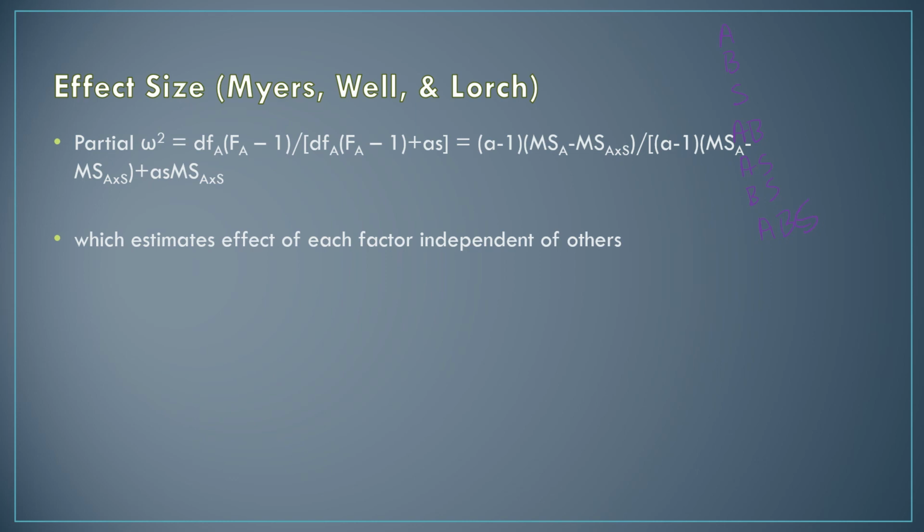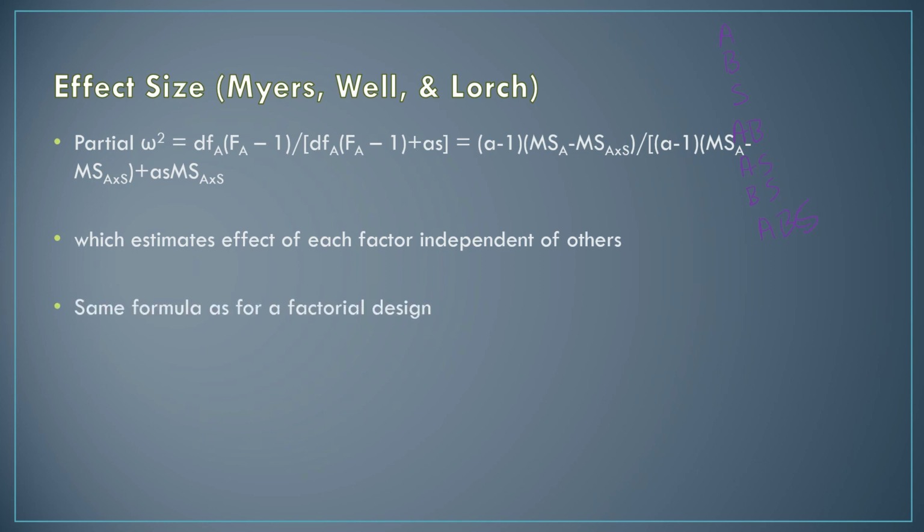So it's similar to a partial correlation in regression where you are partialing out the other factors and the effects that the other factors are contributing in order to get full information about the specific factor that you're looking at.